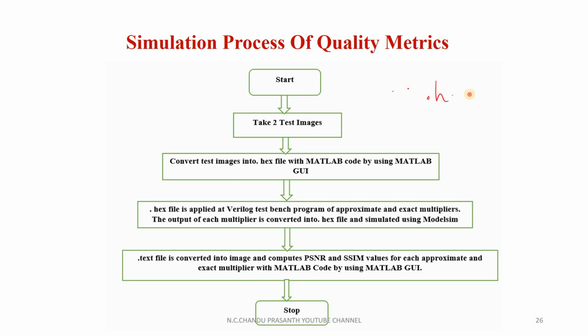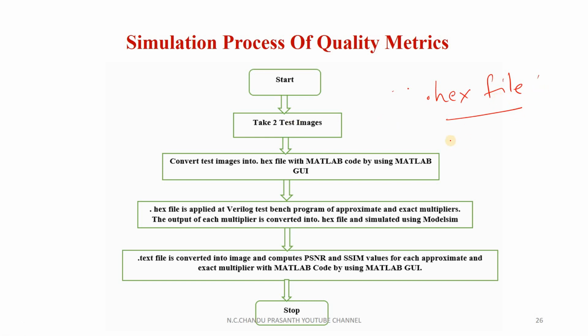A .x file is a file format used to represent binary data in ASCII text format. So Verilog can't read JPEG images as input, it can read only .x files. That's why it is necessary to convert the JPEG files to .x files, using MATLAB code.